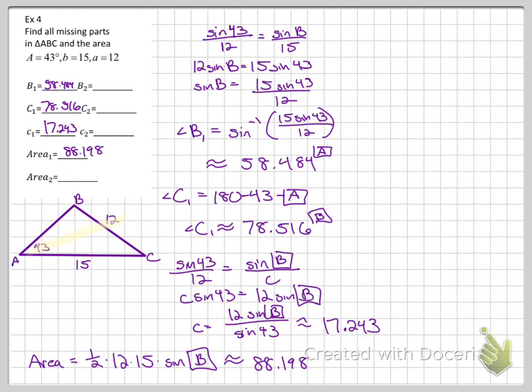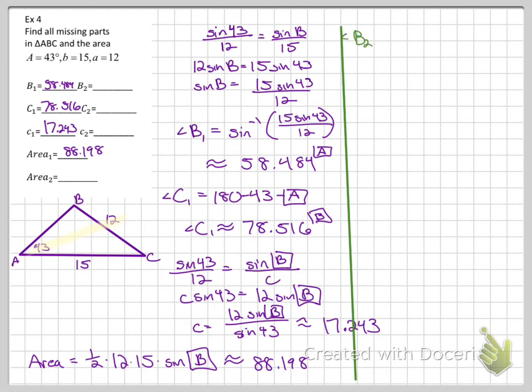Okay, this was side angle, so we need to set up the right hand side of our paper. And then we need to start by finding, it's not always C, you guys. So what was the first angle we found on the left side of our work? The first angle we found was B1, so you need to find B2.